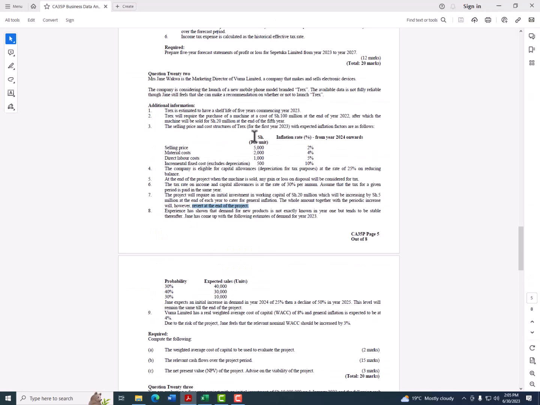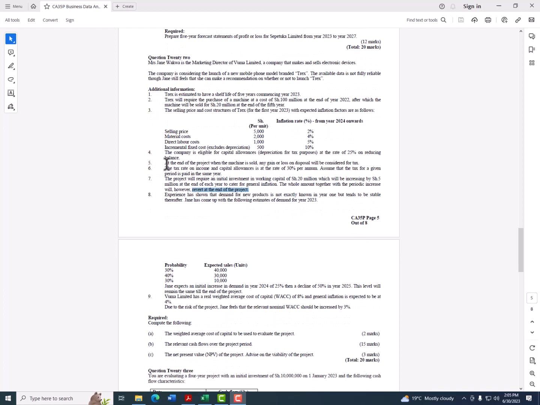If we pull up the PDF, when you look at number 6, we are told that the income allowance is at the rate of 30%. Assume that the tax is given for the period for the year. Check out number 5. We are told at the end of the project, when the machine is sold, any gain or loss on disposal will be considered for tax.